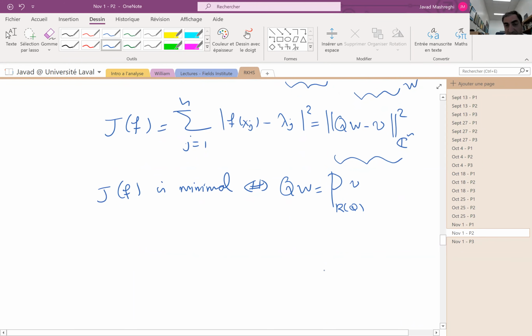So in a sense, it's kind of trivial that we obtain this. Another way to look at this, noting that Q is self-adjoint, Q is equal to Q star.